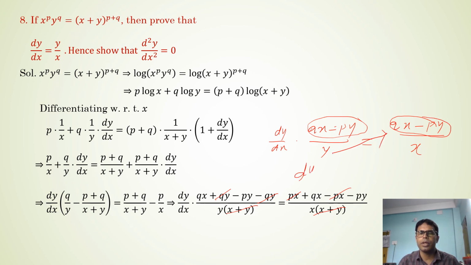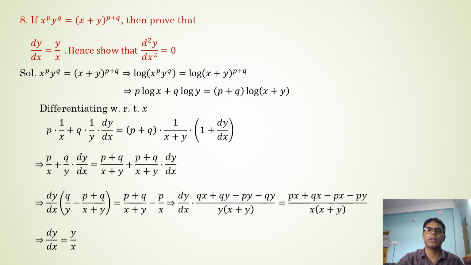So I get dy dx is equal to simply y by x. So this is the answer to the first part. I have shortened a few places, and you understand how it comes. Okay, now come to the second part.